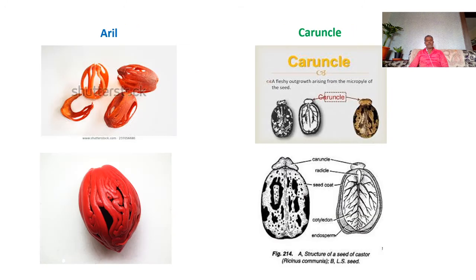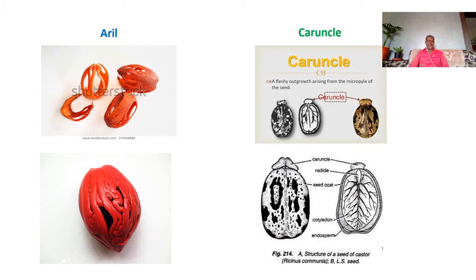Sometimes a third integument is also seen in some plants. This is known as aril.